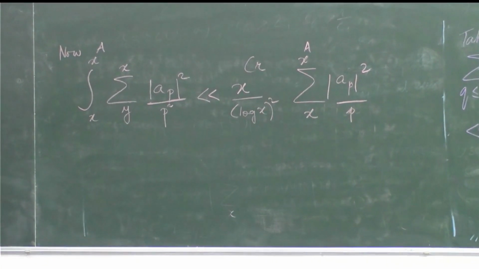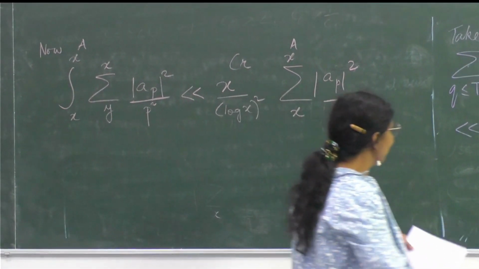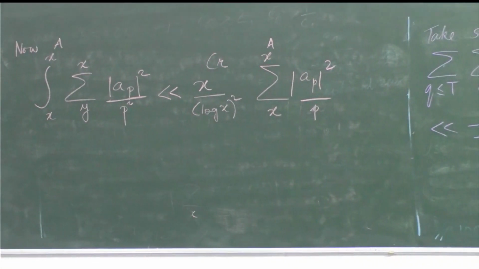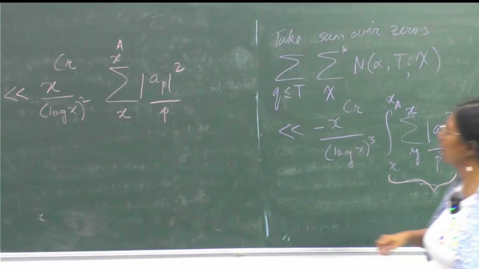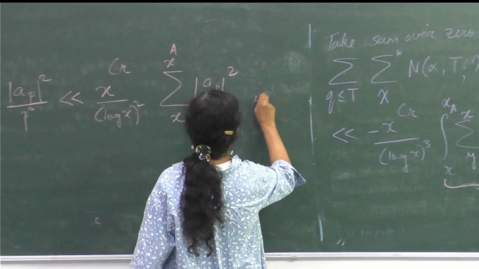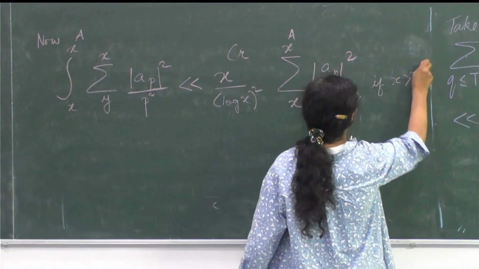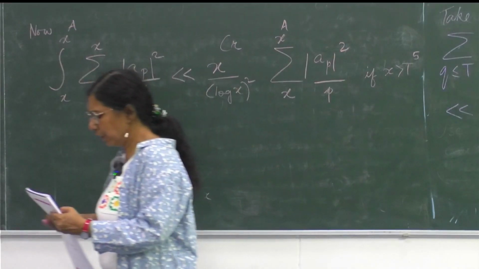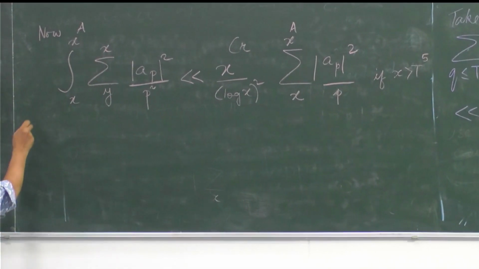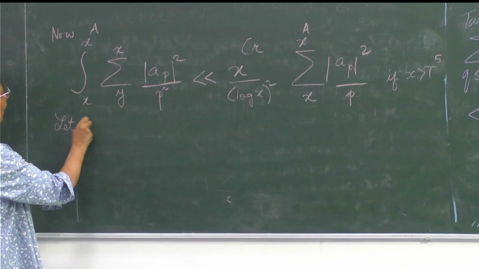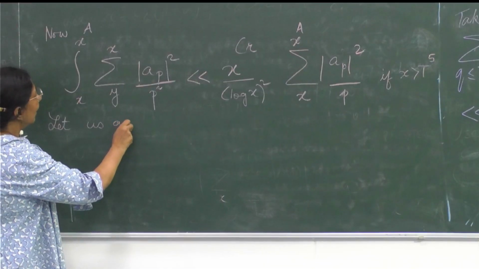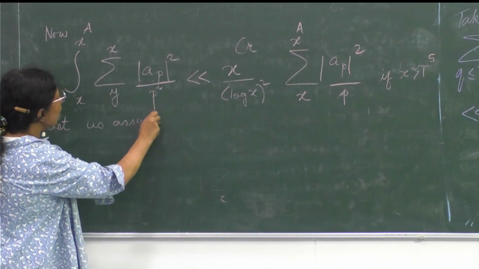This happens when x is greater than this one, t to the power 5. So this is true if x is greater than t to the power 5. So let us assume this. Let us assume that this is true.